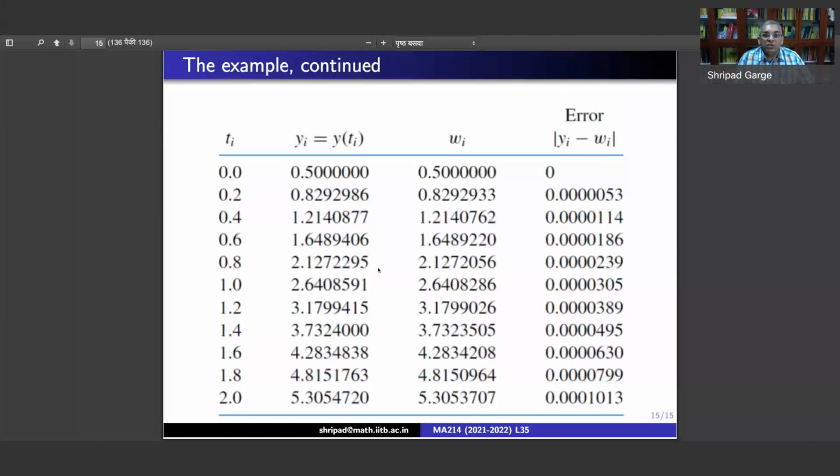This is where we have now been able to use the predictor-corrector method. So instead of getting a higher error, we have managed to reduce the error. And even the next error is not as bad as the jump from 114 to 186. 239, which is roughly like 240, to 305. So this error from 0.8 to 1 is less than the error going from 0.4 to 0.6.